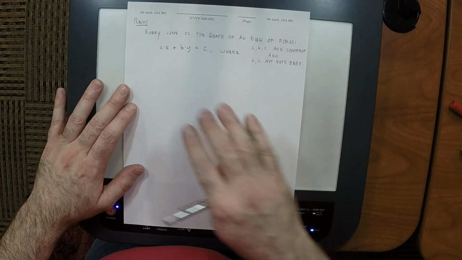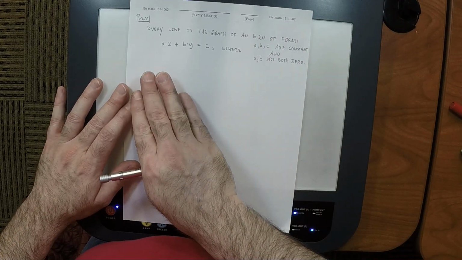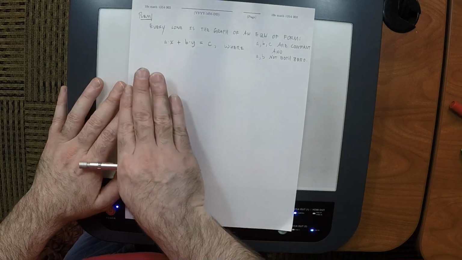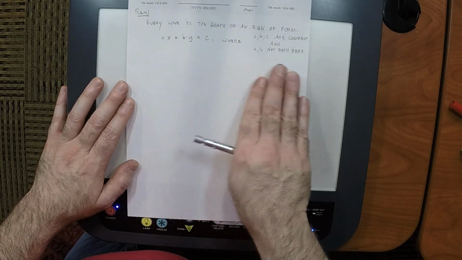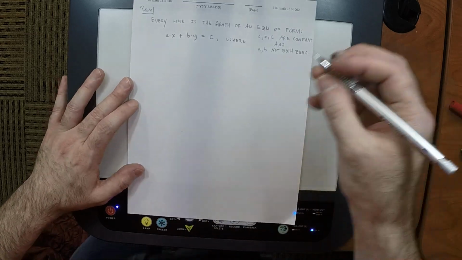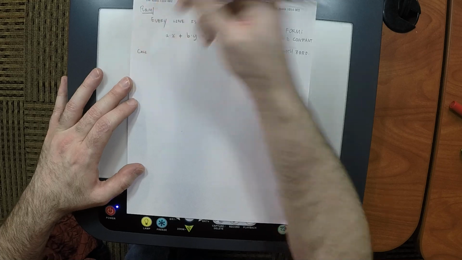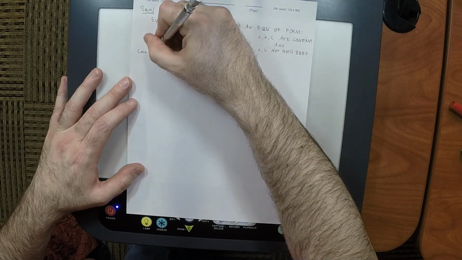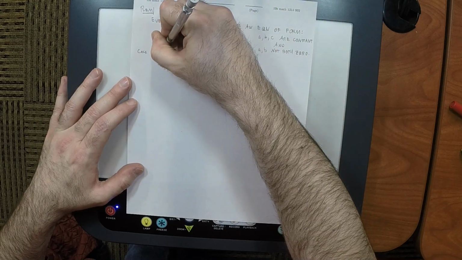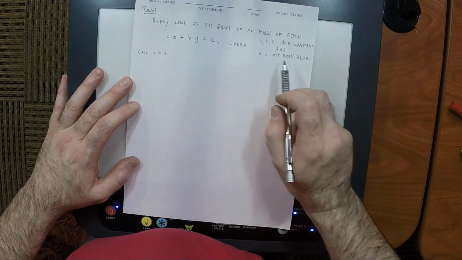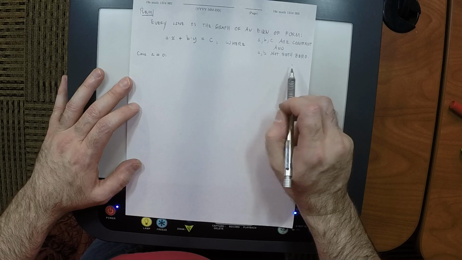All right. So now we're going to consider three main cases. So the rest of the page is going to be in 3 columns: 1, 2, 3. All right. So the case that a is 0. Now, according to that rule, they can't both be 0.